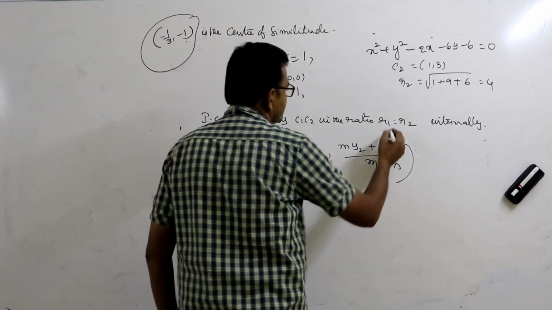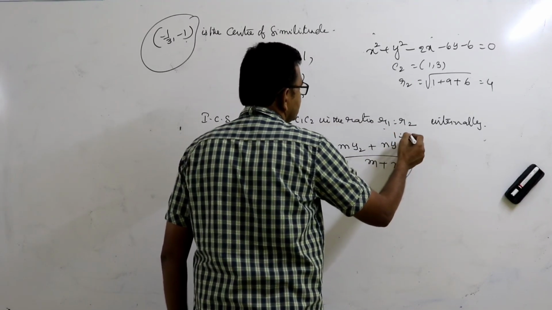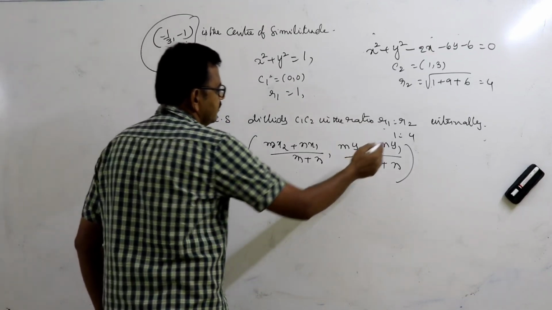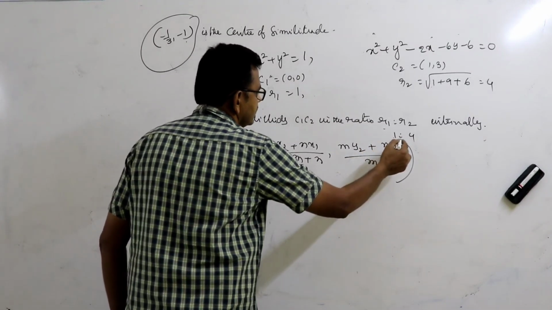Here R1 is to R2 is 1 is to 4, which is m is to n.